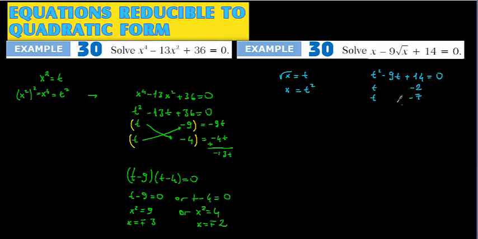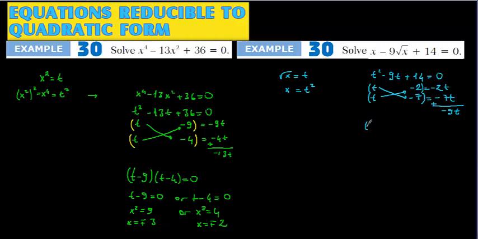So here t times minus 2 is equal to minus 2t, and t times minus 7 is equal to minus 7t. Then the sum is equal to minus 9t. Then the middle term works, the factorization is true for us, and I'm going to get the factors directly.